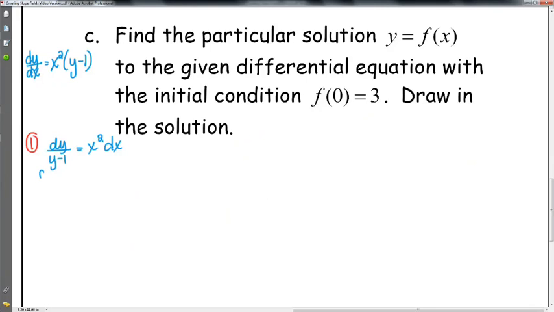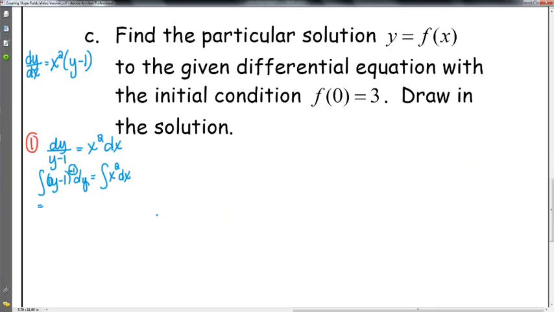And so now I can go ahead and move up my y minus 1. Since it's raised to a negative 1, that means ln, and this is going to tell me my coefficient, which is just going to be 1.